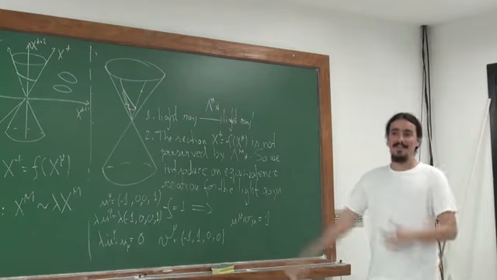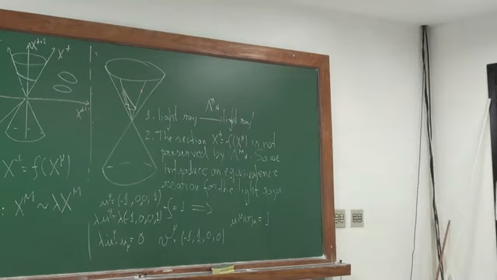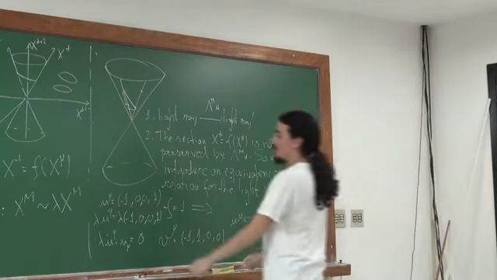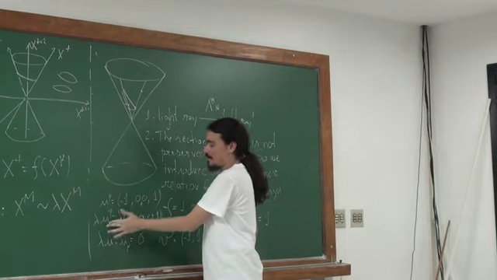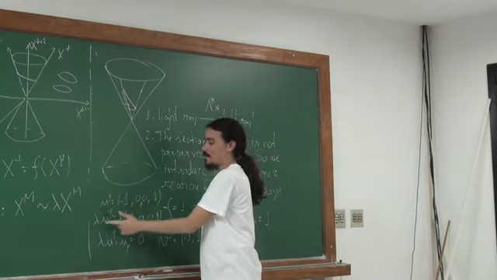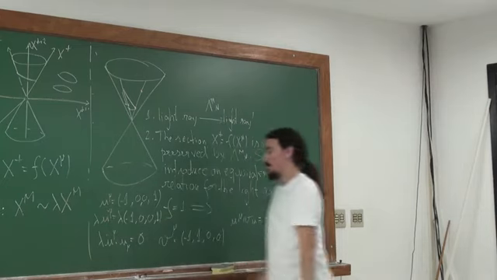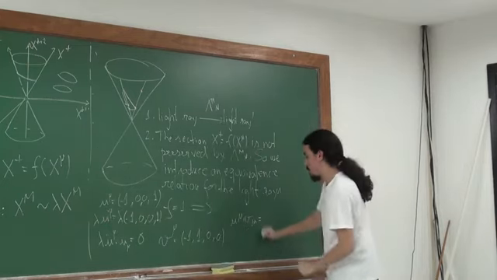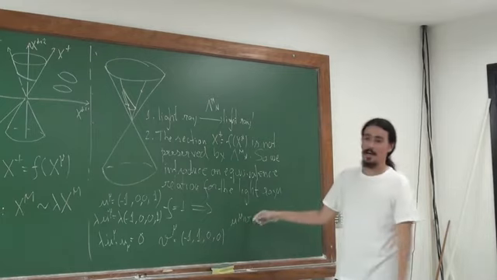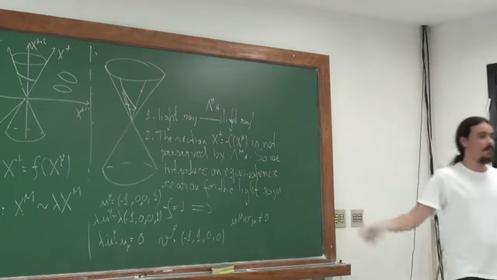So maybe you can start from there and say that these guys lie on the same light ray. And since this is different from 0, this shows that these guys are different light rays. They're both light rays, but different light rays.